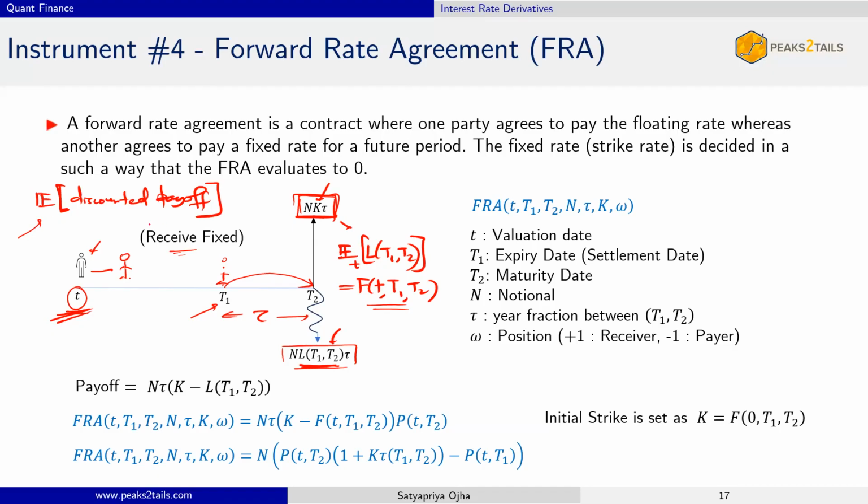So we need three quantities: payoff, discounting, and expectation. What is the payoff? Payoff is simply N tau times (K minus L). Because of L, the whole payoff is random. I don't know how much I'll get because I don't know L until T1. At T1, the payoff becomes deterministic. Now what is the discounting? Discounting would be simply this.